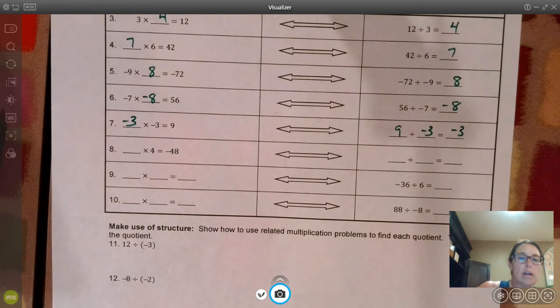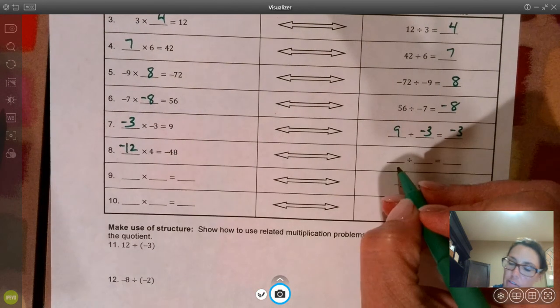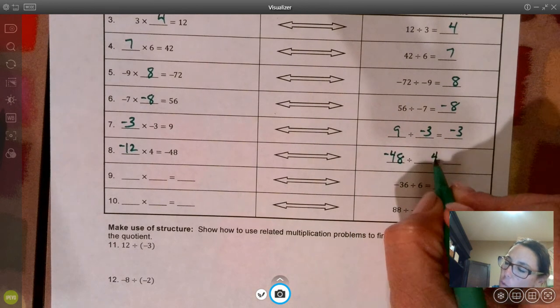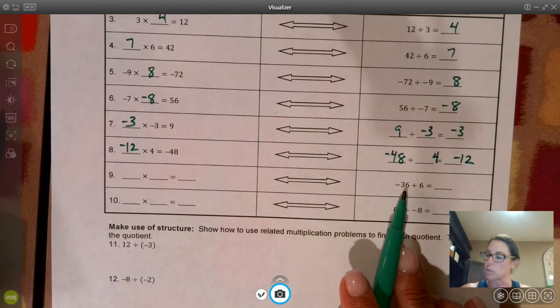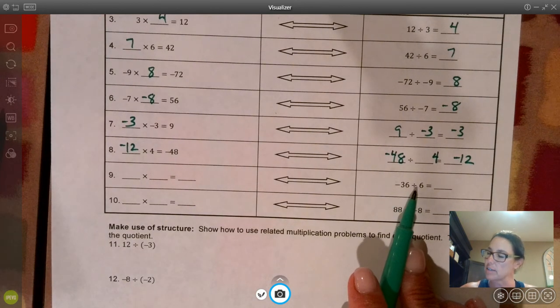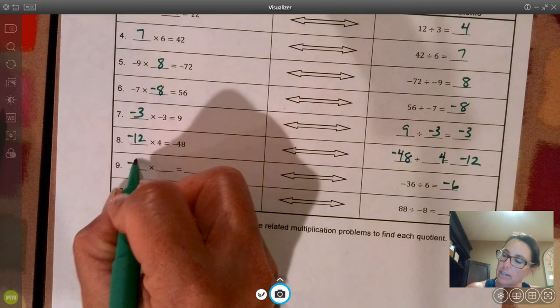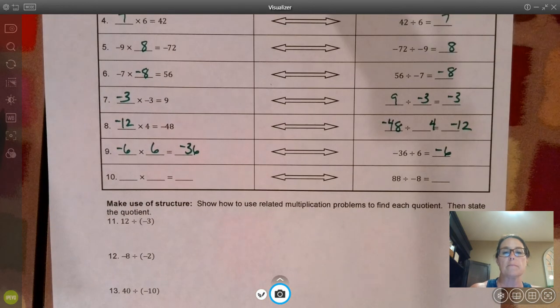What times 4 is negative 48? That's a negative 12. Over here it would be negative 48 divided by 4 is negative 12. This one, we're working backwards. We've got negative 36 divided by 6. That's negative 6. So negative 6 times 6 is negative 36.